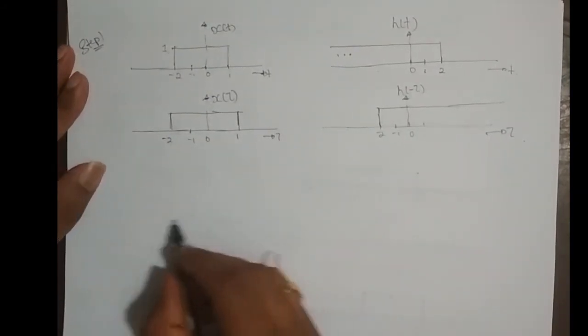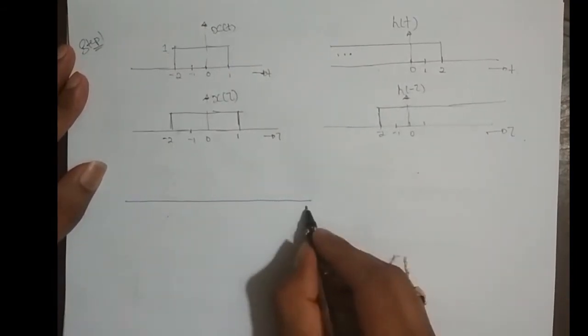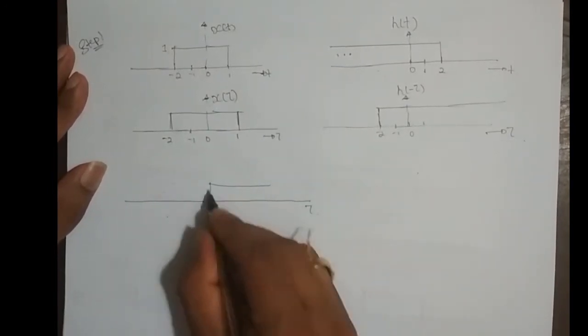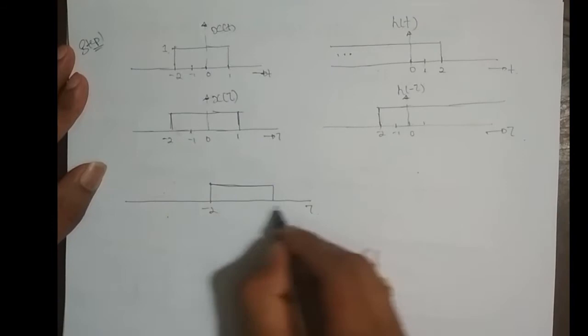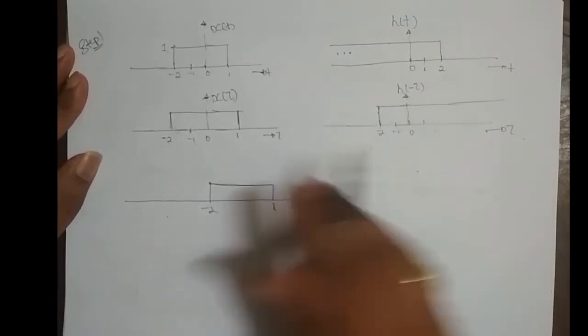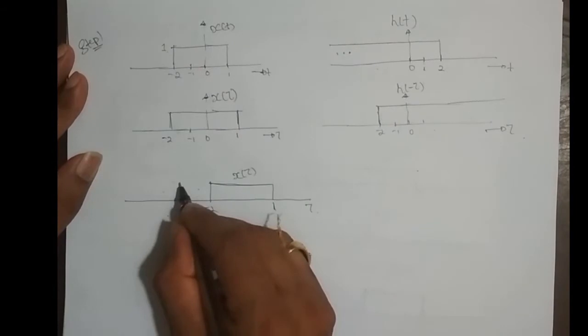What is the next thing I need to do? I have to plot both the sequences in the same independent variable, which is tau. So x of tau is varying from minus 2 to 1, and h of minus tau we'll keep just before x of tau. We'll keep the signal just before x of tau. I'll keep it here.